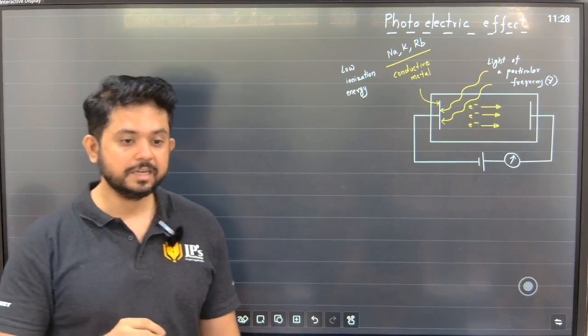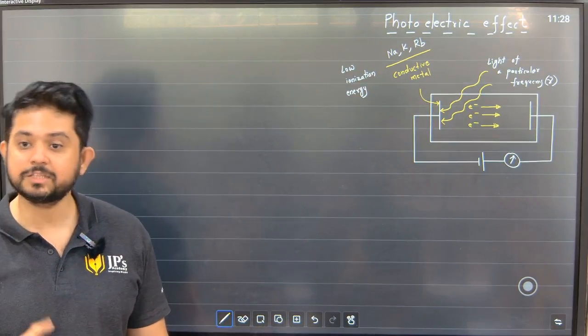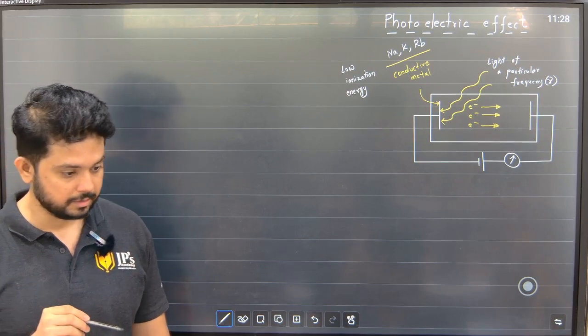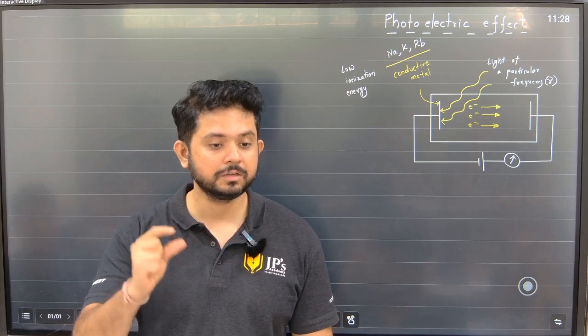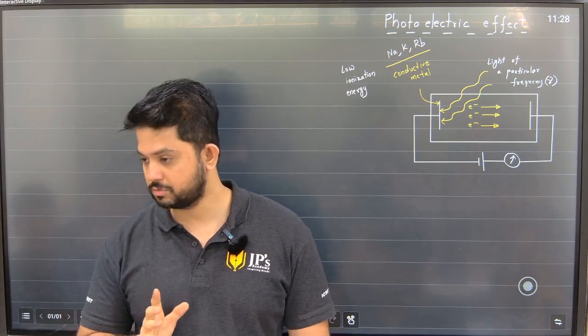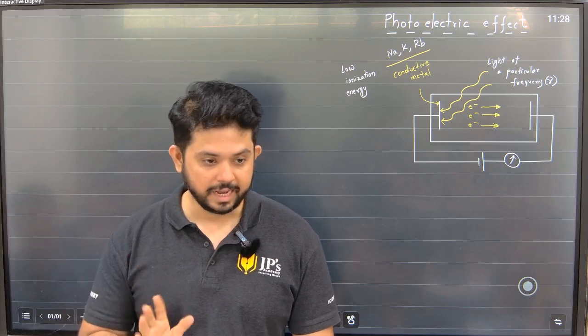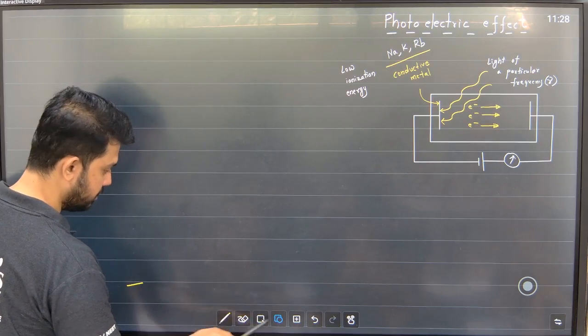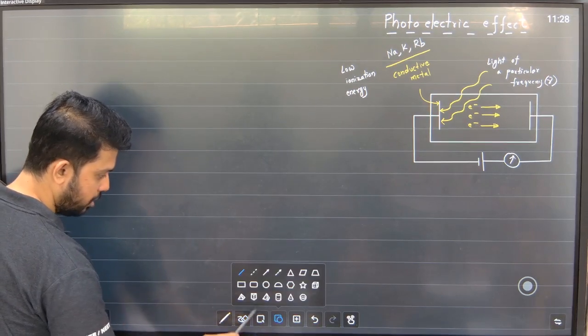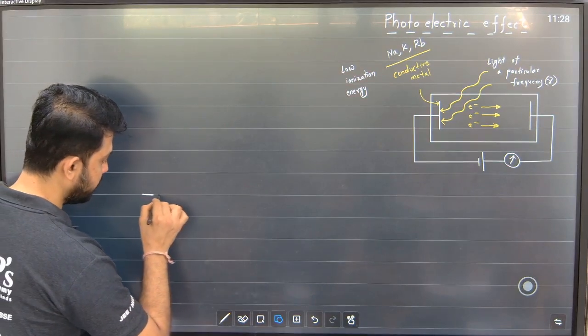Now what Einstein did is, Einstein took Max Planck's quantum theory. What did Planck say? Light is made up of photons, which are bundles of energy. Einstein said that what is happening over here is, let's say this is the surface of the metal.